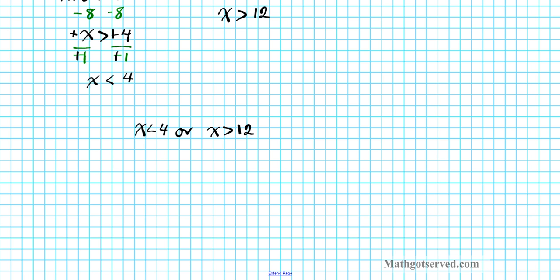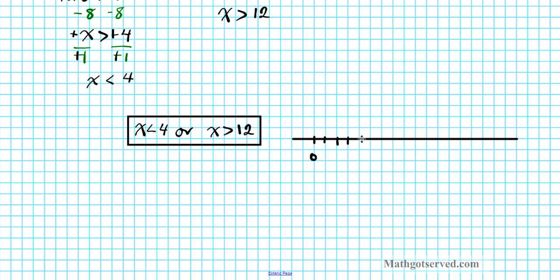Let's graph our solution on a number line as we were asked to do originally. That's our answer. So we have 0, 1, 2, 3, 4, 5, 6, 7, 8, 9, 10, 11, 12.